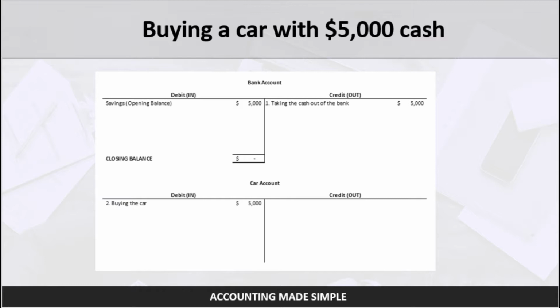While the cash has gone out of our bank account, the car we bought has come into our possession. It's in our driveway or in our garage. So it's recorded on the debit or the in side of the car T account. Instead of having money in our possession, we now have a car in our possession.